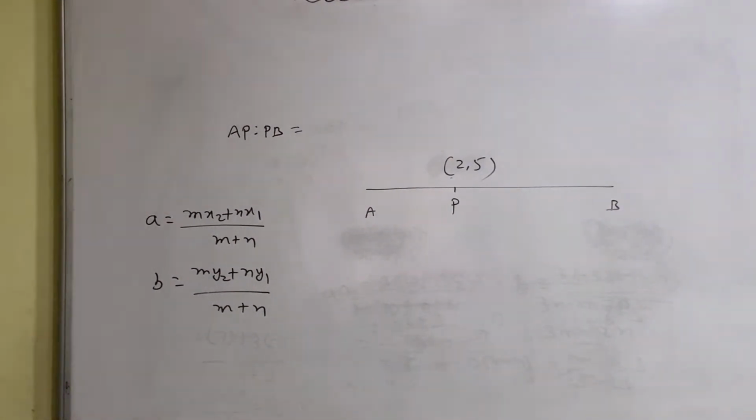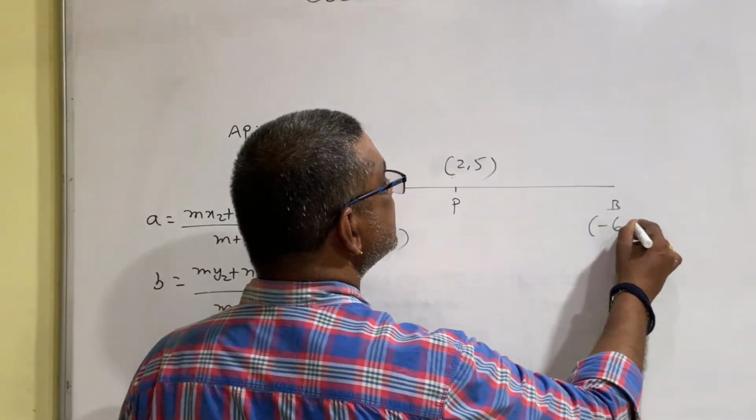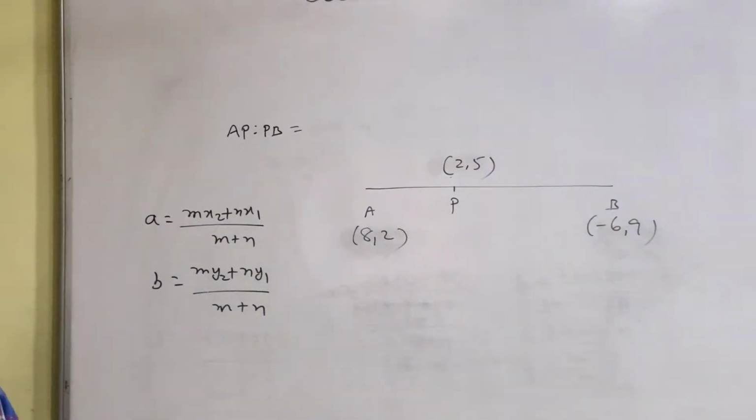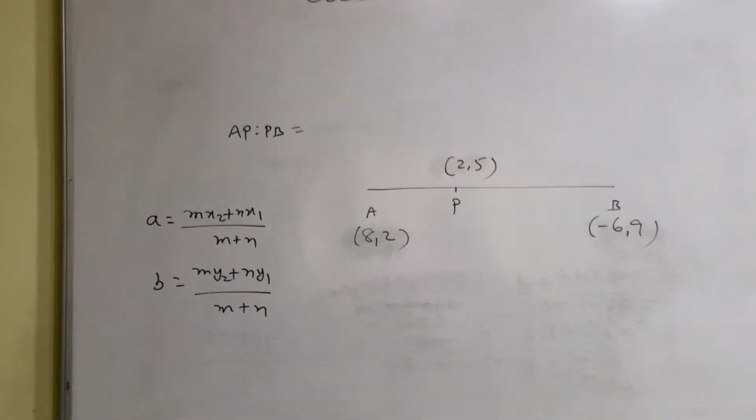The coordinates are given as 8, 2, minus 6, 9. This is 8 comma 2 and minus 6 comma 9. And what do we have to find out, children? What is missing here? Ratio. Good. We need to find out the ratio.